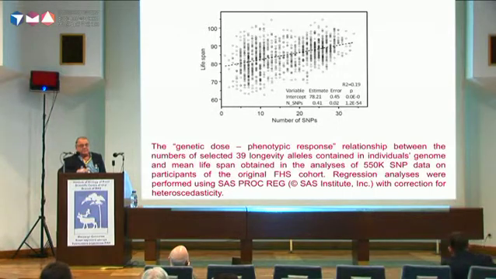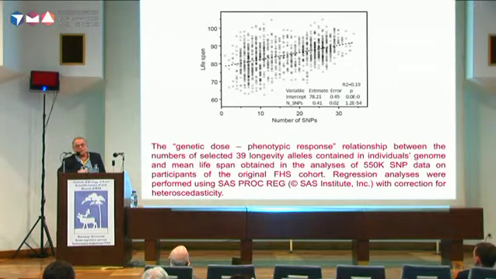Among the genes that affect survival, there are numerous genes with low effect, and the genome scan analysis very often shows these effects as non-significant.